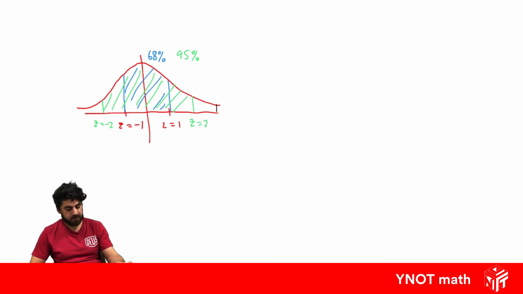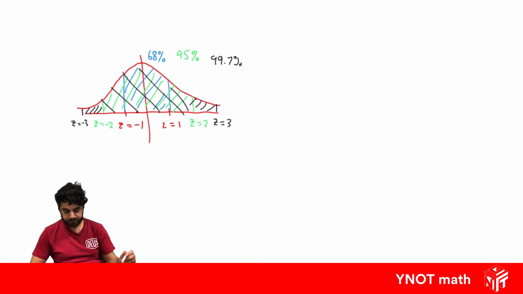And finally, for scores of Z equals 3 and minus 3, so including all of these as well, this encloses 99.7% of all scores. So let's have a look at some examples.